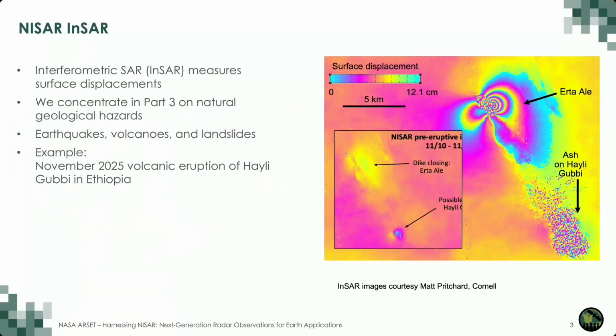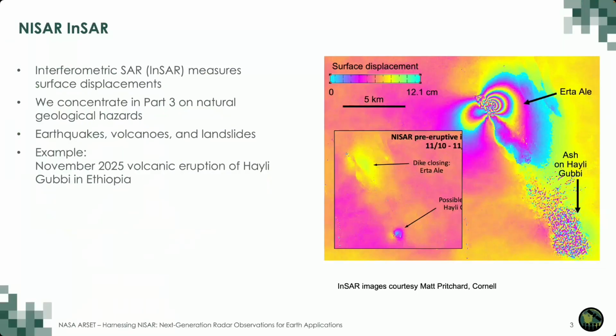Here's the overview, what we're going to cover. Interferometric SAR, or InSAR, measures the displacement of the surface. We're going to concentrate in this part on the geologic hazards. Earthquakes, volcanoes, and landslides are the main ones.